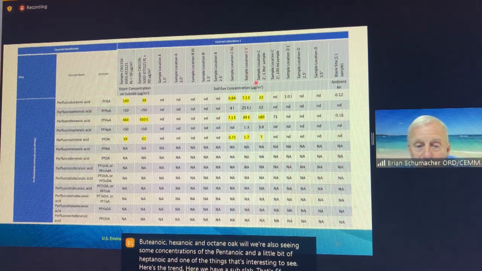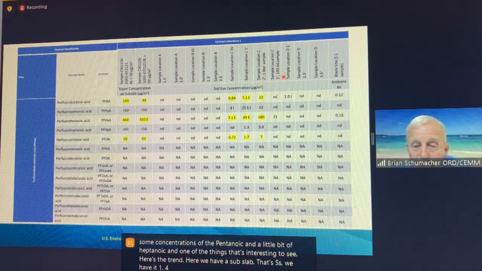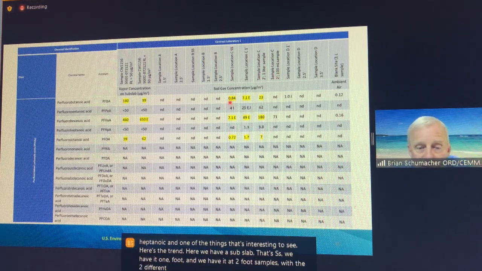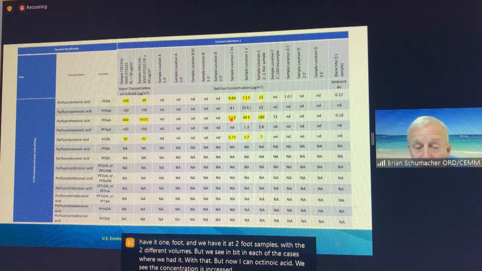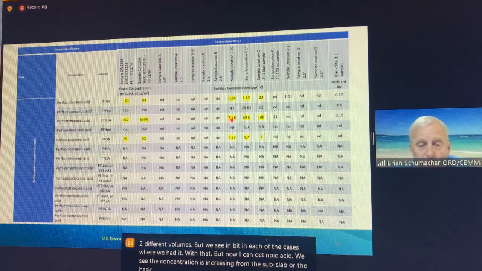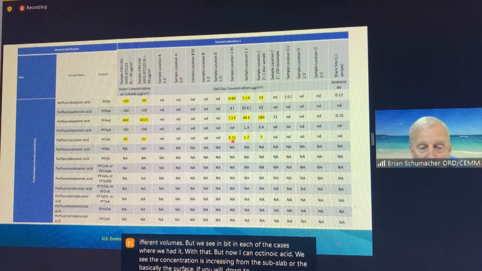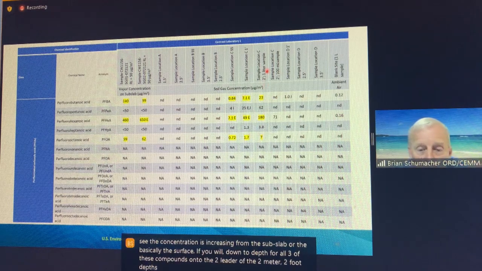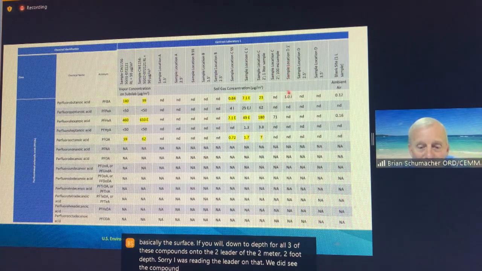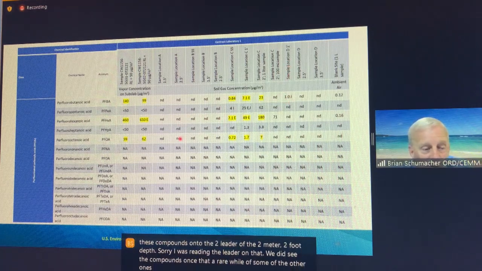We have it at 1 foot and at 2 foot samples with the 2 different volumes. But in each case with the butanoic, hexanoic, and octanoic acids, we see the concentration increasing from the subslab, or basically the surface, if you will, down to depth for all three of these compounds, down to the 2 foot depth. Sorry, I was reading the liter on that. We did see the compounds once in a rare while at some of the other locations, but nothing to be concerned with.